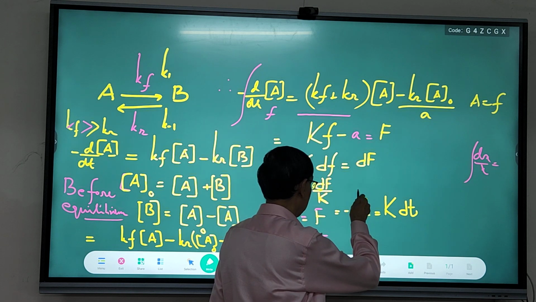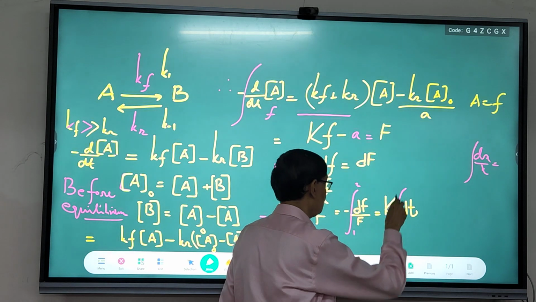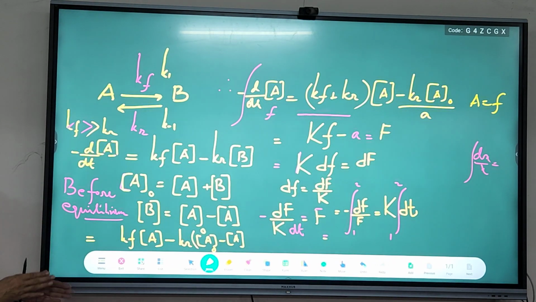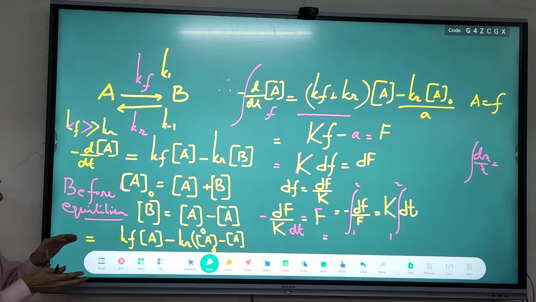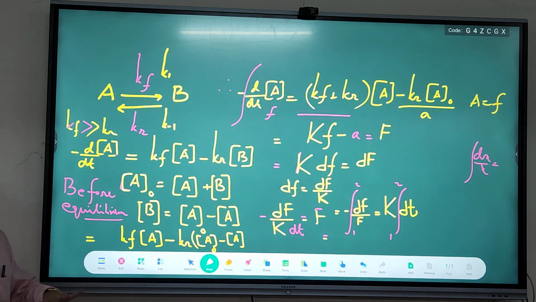So it is also the same thing, so I can write like that. And if I integrate it from 1 to 2, 1 to 2. Why is it 1 to 2? Because with respect to time, A is gradually converted into B. So everything I am talking about is before the equilibrium, not after the equilibrium.